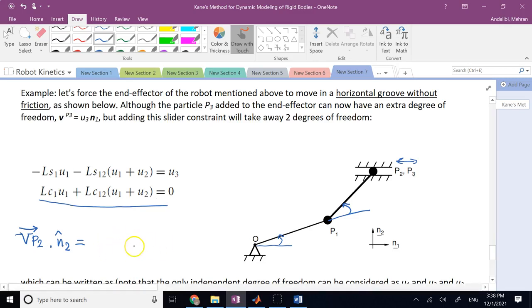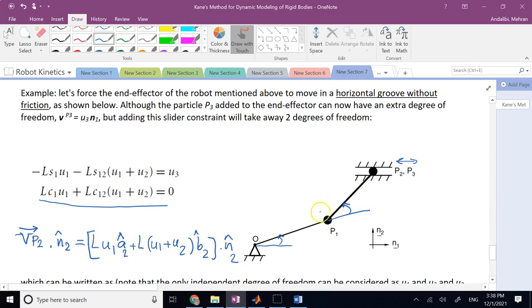And that is not very hard to see, because your V of P2, if you remember, was L U1 A2 and then plus L times (U1 plus U2) B2. So you dot product it with N2. And so here you have A2 dot product with N2 and B2 dot product with N2.